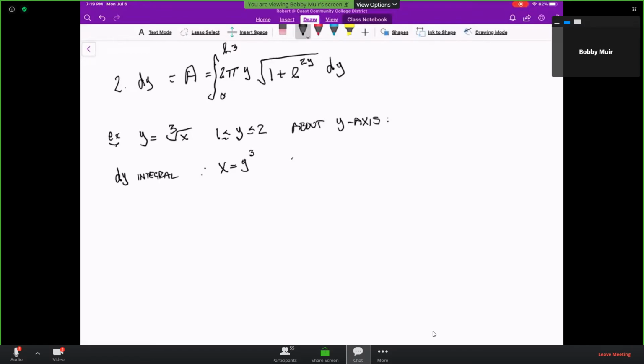And when y is 1, x is also 1. But when y is 2, the x is 8. Okay, so that means that the x's are going to be running between 1 and 8.